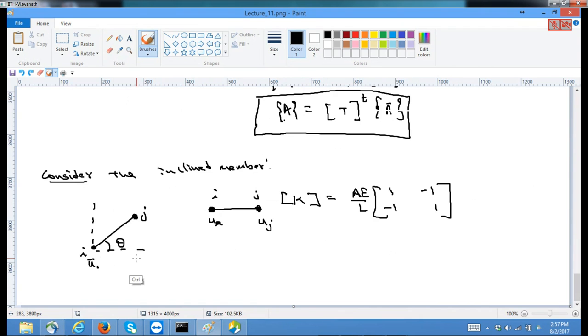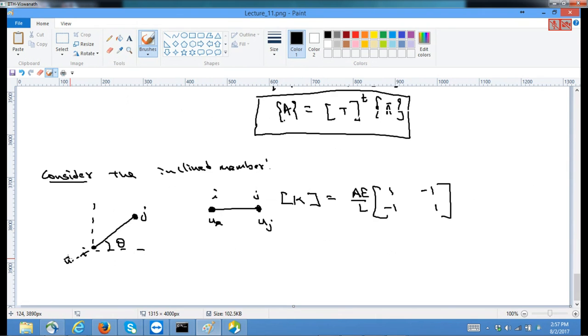Depending upon my inclination, we have 2 degrees of freedom.